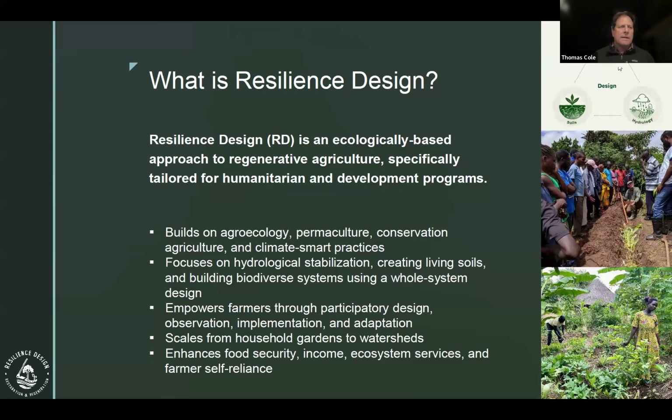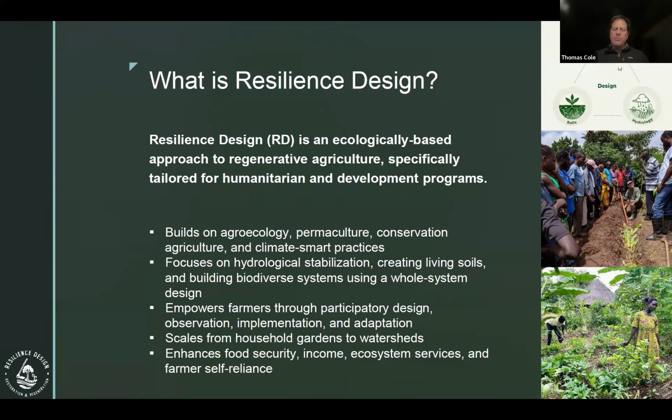And it's a practical approach that empowers farmers, extension workers, heads of organizations, and managers to understand how to observe, implement and adapt their programs to fit very context-specific situations.